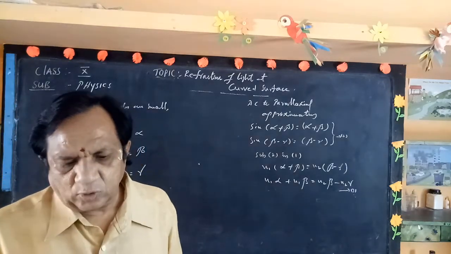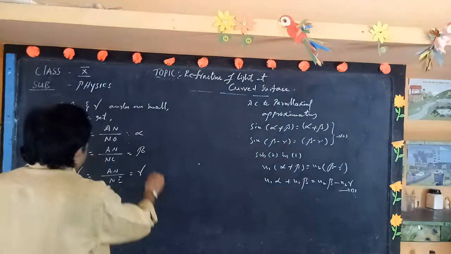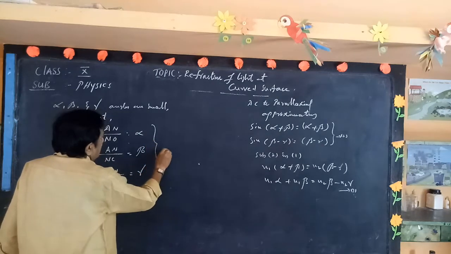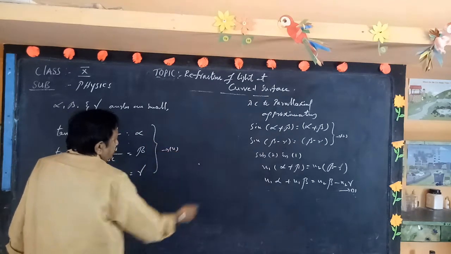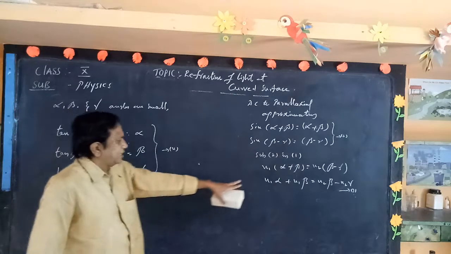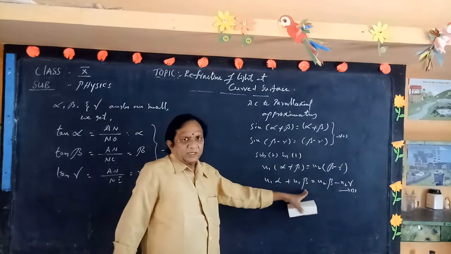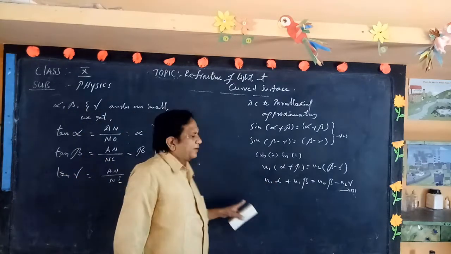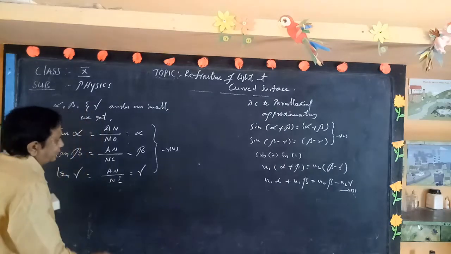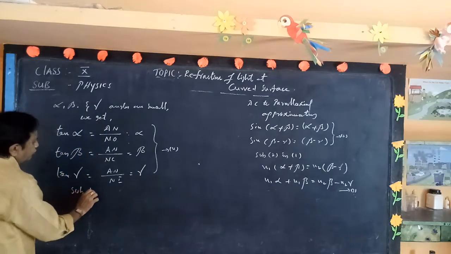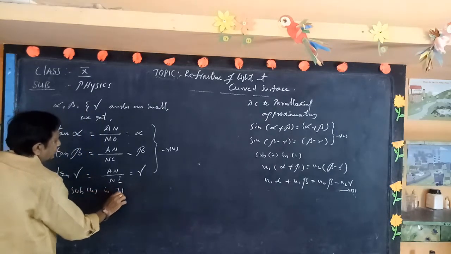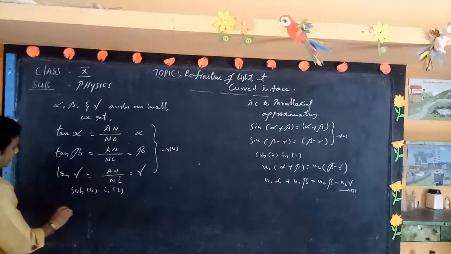AN by NI. So these alpha, beta, gamma values, taken as equation 4, we substitute in that equation instead of alpha, beta, gamma, because these angles are very small. That's why we consider the sides. So substitute 4 in 3. What do you get?